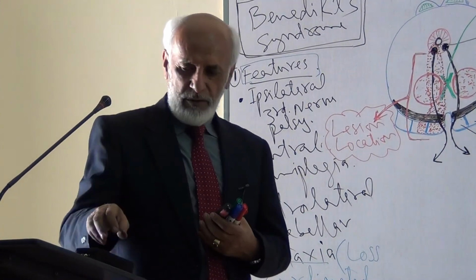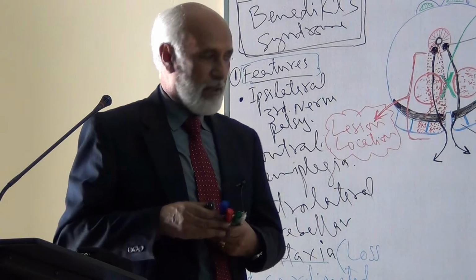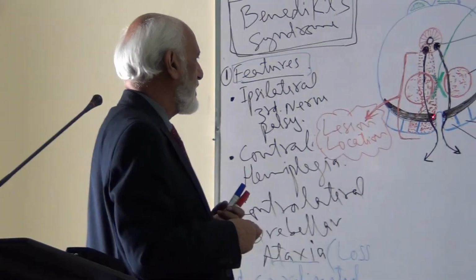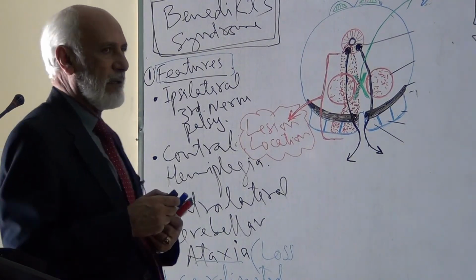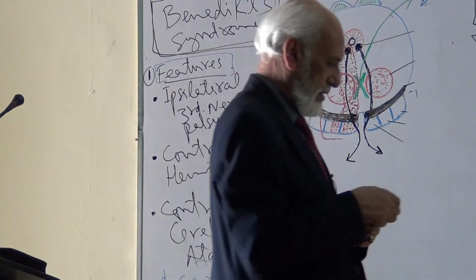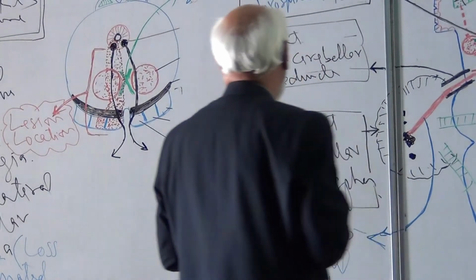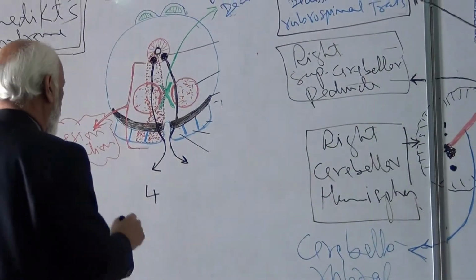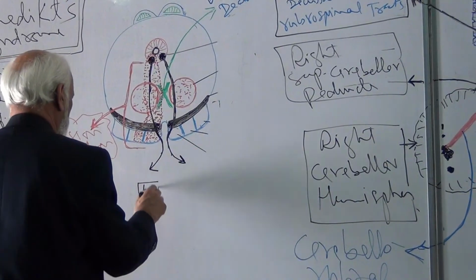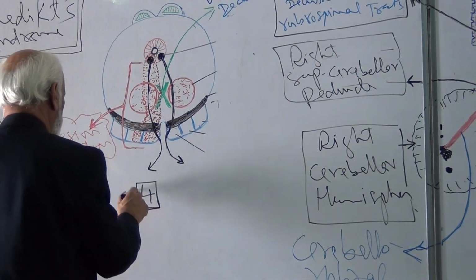Next, I told you that a small medial part of the substantia nigra is also involved in the lesion. So next, number 4, we are talking about the effects of lesion and signs and symptoms.